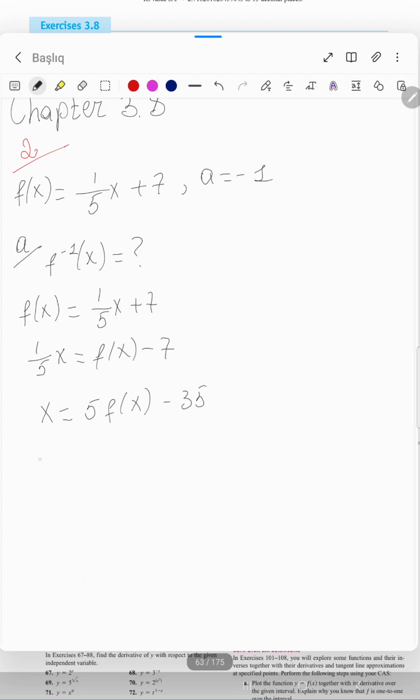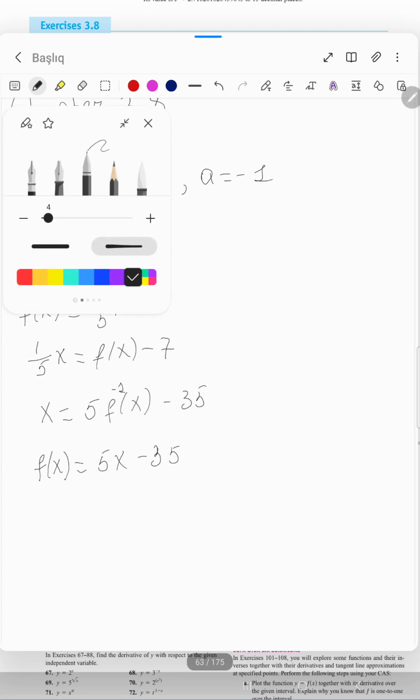Okay, and let's change the roles. The inverse equals 5x minus 35. Wait a second.